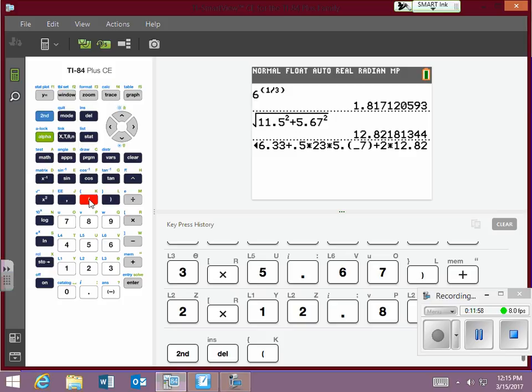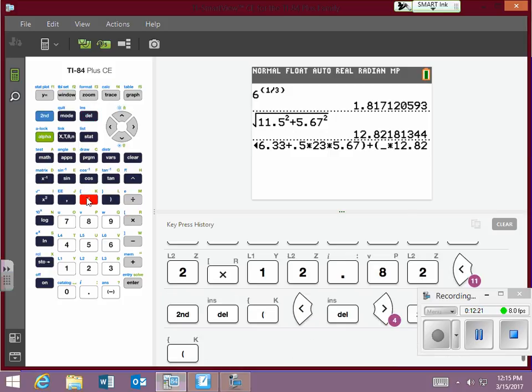You need to leave out the bracket in front of the six. I thought it was in the right spot. I gotta put it right over here. Second, insert bracket. Okay.